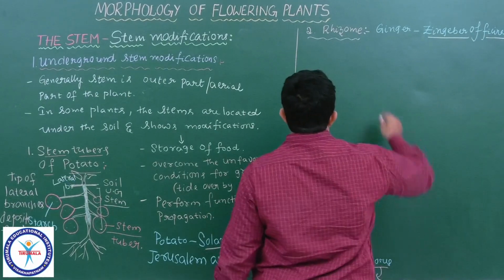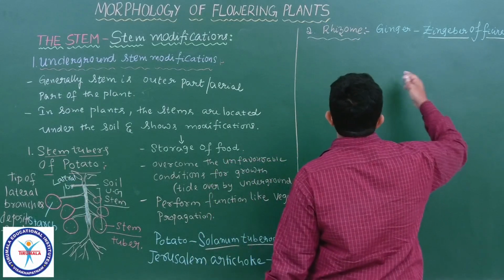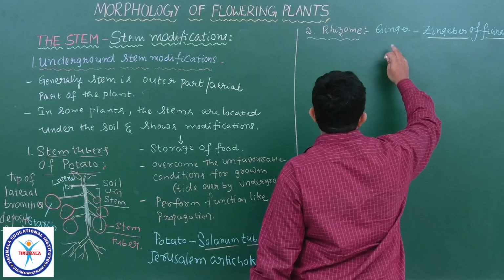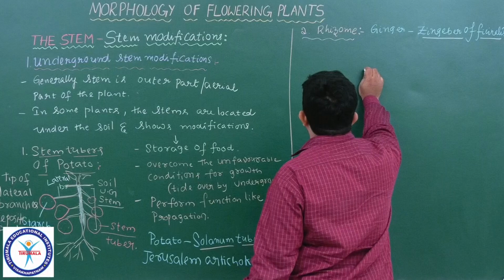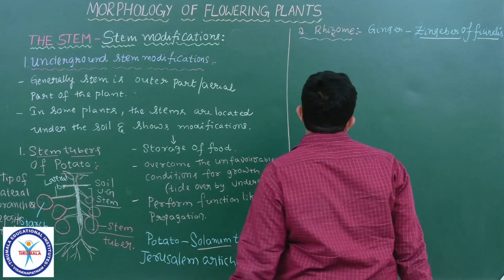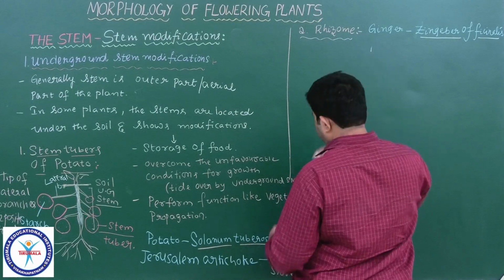It shows a type of underground stem modification called rhizome, and so many examples are there, dear students. Please remember that all these different exemplary plants show rhizome. Understood? And the next one is turmeric.